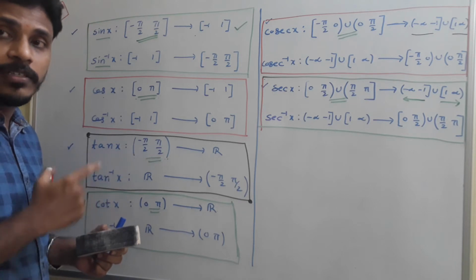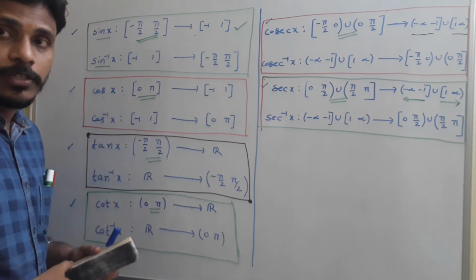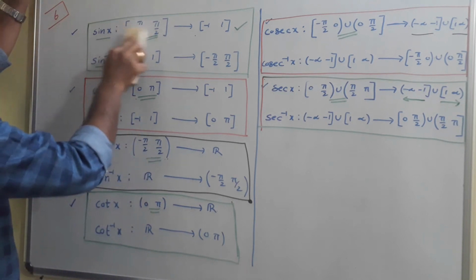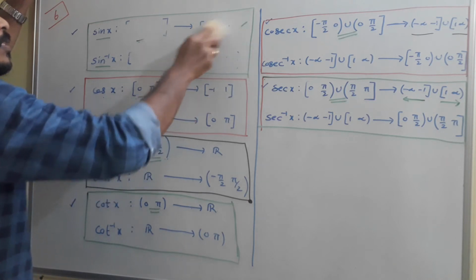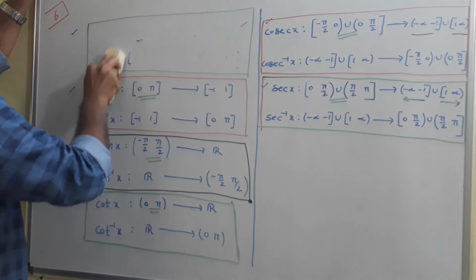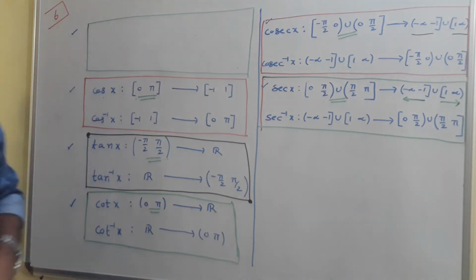As I discussed for sin x, the same thing is acceptable for all the 6 trigonometric functions. So I will write that for sin x, in the same space. What I will conclude is, just have a look.